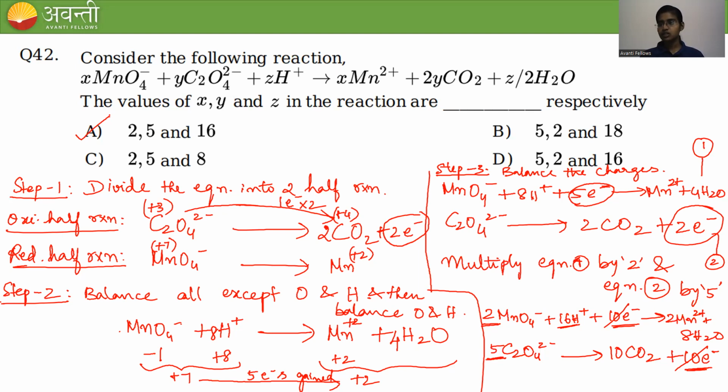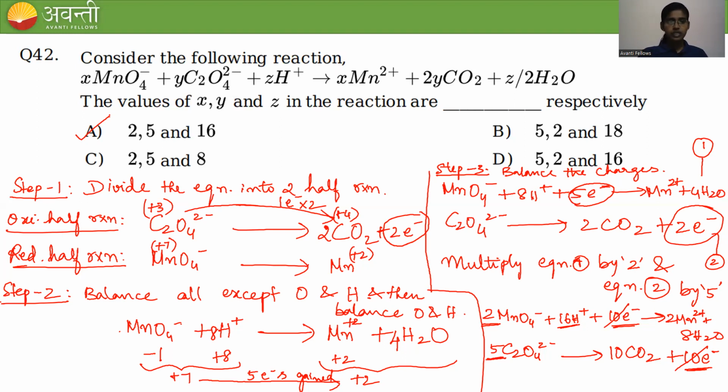Now the electrons lost and gained should be equal, so I am multiplying by the corresponding numbers and getting the same value of electrons lost and gained. And then on cancelling the common terms and writing the LHS and RHS accordingly, I get the values of X, Y and Z. So this is called redox balancing.